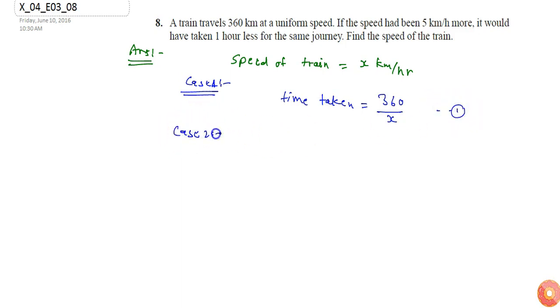Now case 2, if the speed had been 5 km per hour more, then it would have taken 1 hour less for the same journey.